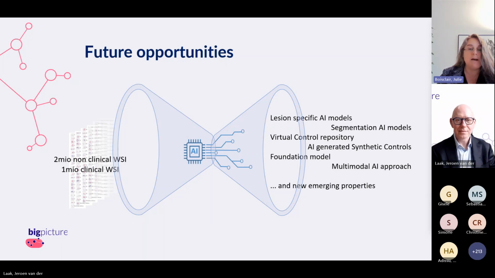The multimodal AI approach also. And there will be in the years to come new emerging properties that we don't know of at the moment that will be coming out. And we try to make sure that the repository is really able to adapt to those new emerging properties so it can continue to bring value also in the future.